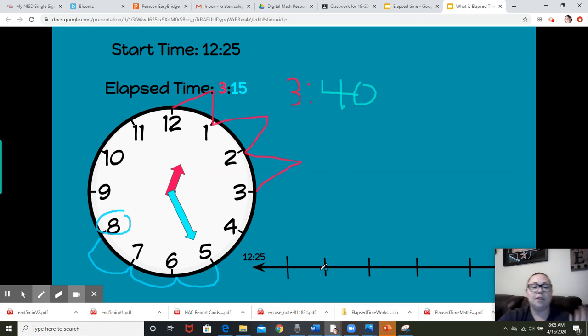Okay, so if I was to take my clock and do it as a timeline or a number line instead of doing it right here on the actual clock, what I would do is the same exact thing.